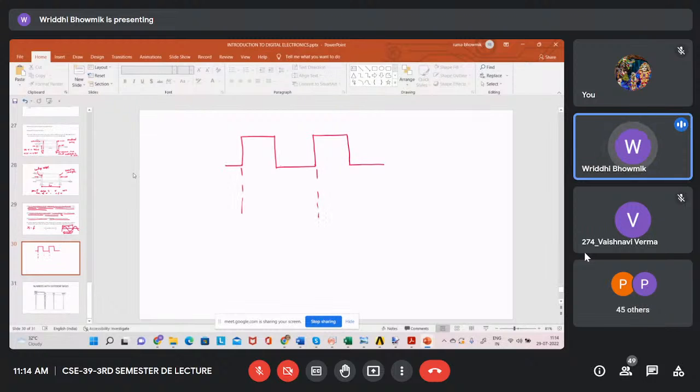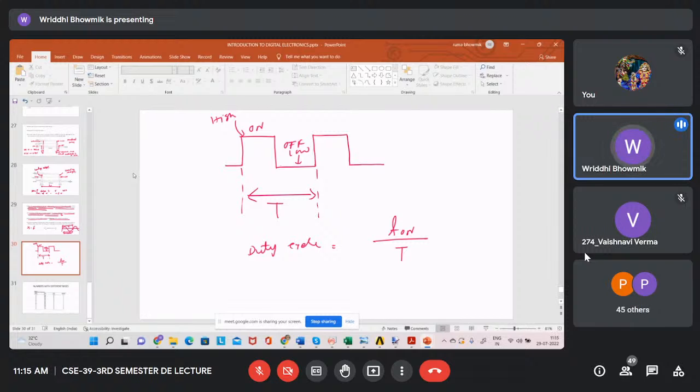This is the one period, capital T, and over this one period, you can observe it is the on state and it is the off state. Why? Because here the voltage level is high and here the voltage level is low. Okay, so the duty cycle will be T on divided by capital T. Okay, this is the duty cycle.